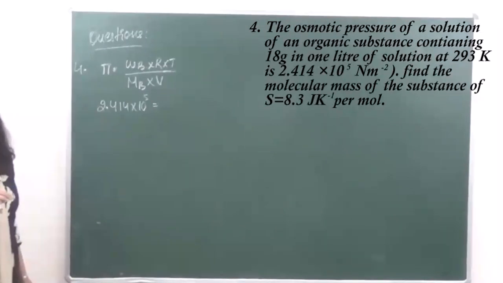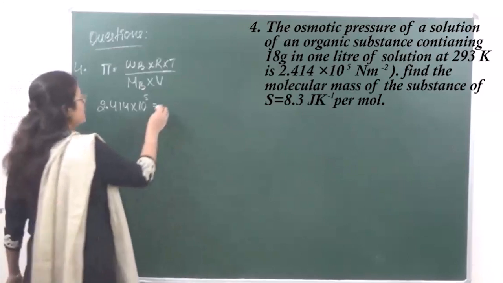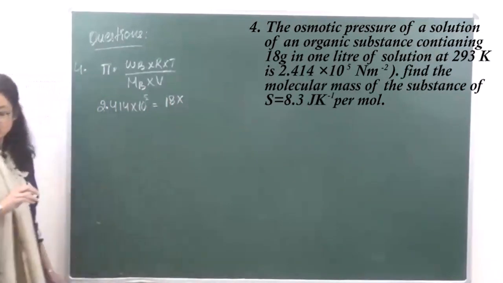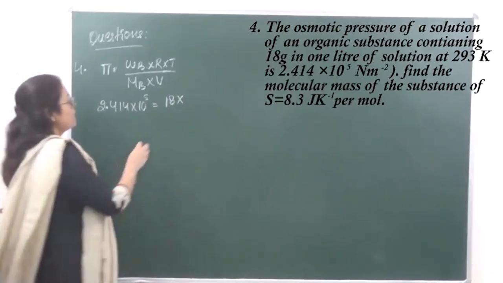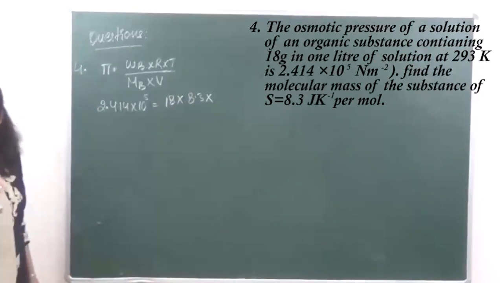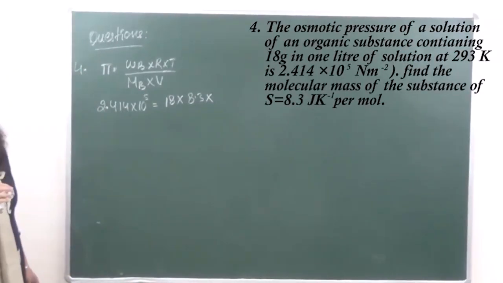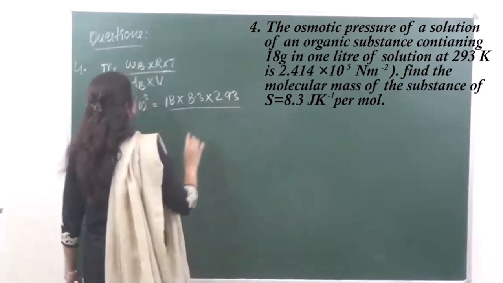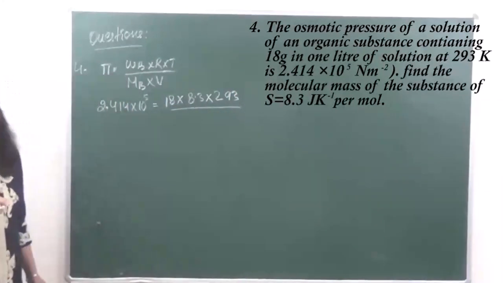That is equal to WB, which is 18 grams. So 18 into the value of R given to us, 8.3, into temperature given to us in the question, 293. It is given as 293 Kelvin only. So 293 Kelvin divided by MB, which we have to find over here.